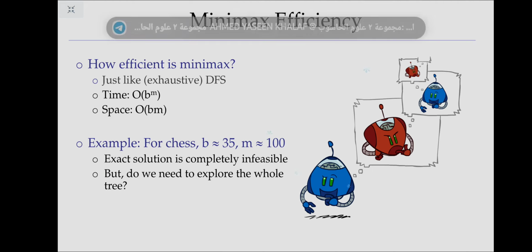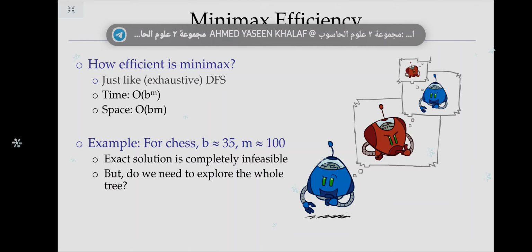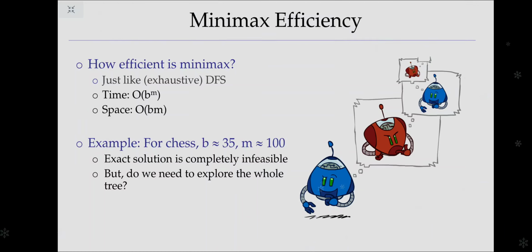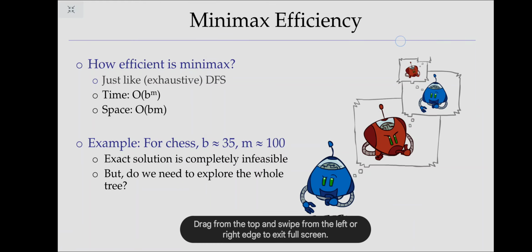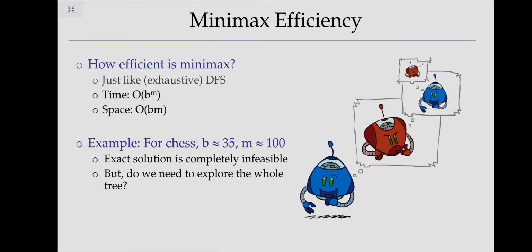And about the complexity, because we use DFS, the complexity is similar to DFS. As you remember, the time complexity of DFS is O(b^m), where b is the branching factor, showing the number of children for any node, and m is the height.